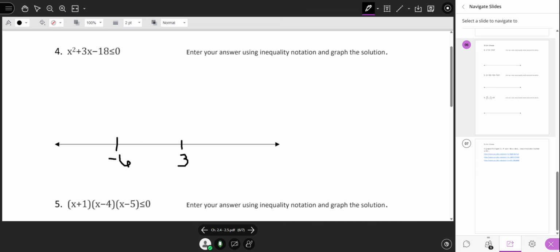There's an equals, so you're going to use the closed dot and you're going to fill it in like this. Now the inequality, you're going to say -6 less than or equal to x less than or equal to 3.